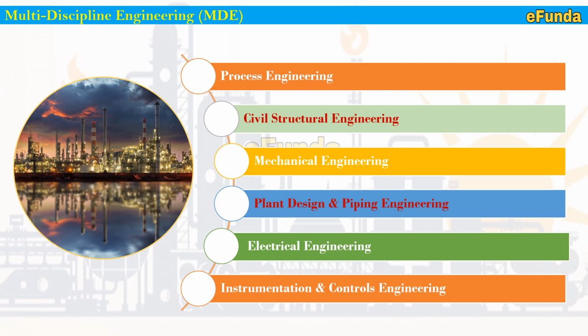However, process engineering is one of the core disciplines of engineering, involved, as mentioned, during the entire process life cycle design, starting from the simulation, heat and mass balance, and then providing the data to various disciplines for their further detailing and design engineering. That is the reason we have chosen to start a new playlist on process engineering, so that we can try and help the engineers who are making their career in process engineering.